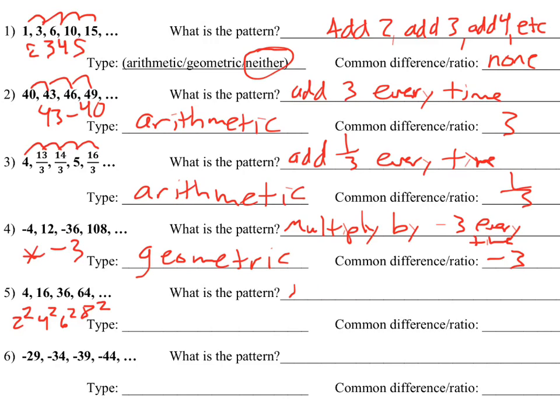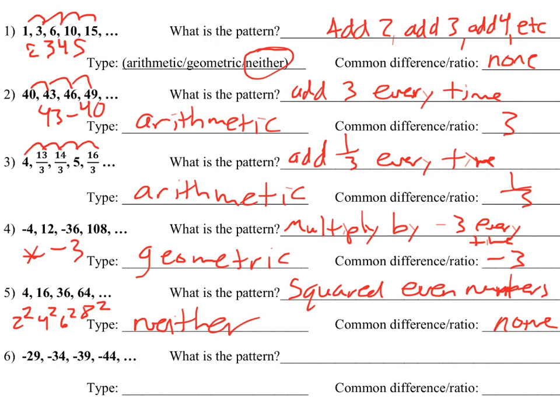Hold on, let me retry that. Squared even numbers. So this one's going to be neither. So there is no common ratio or difference.